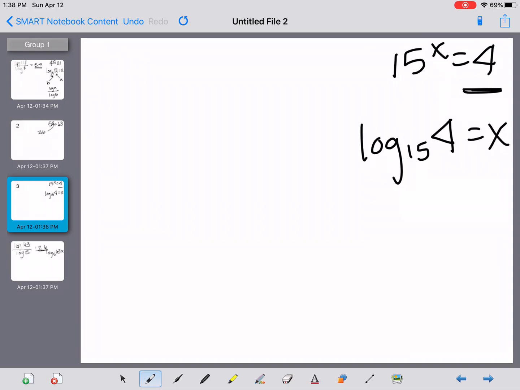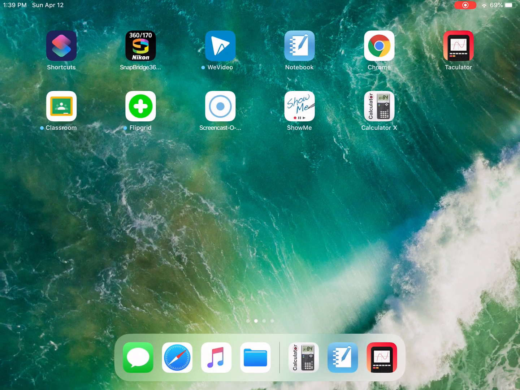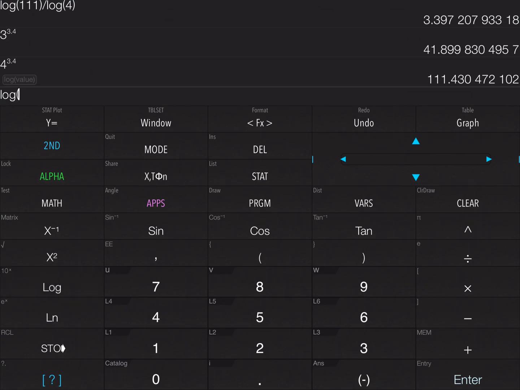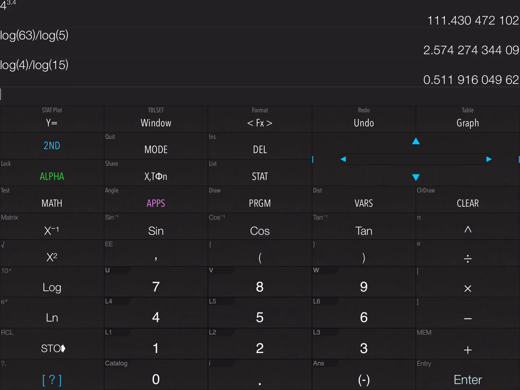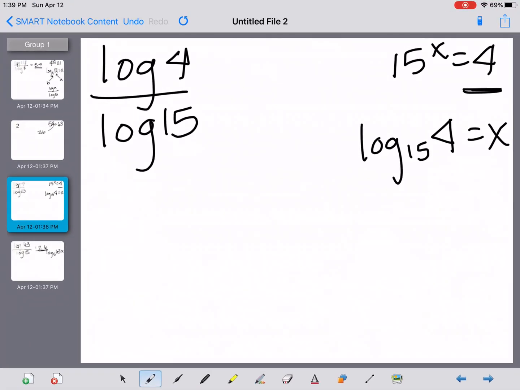Again, pause the video and see if you can get what I got. I go log 4 divided by log 15. And just like we were saying, we should get something smaller than 1. So it's right around 0.5. Again, that's the exponent that I got.